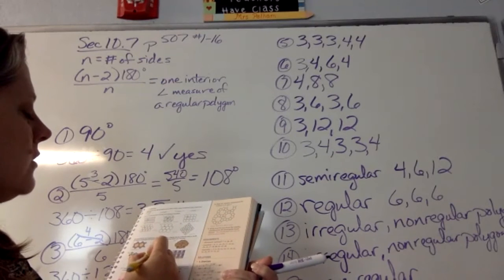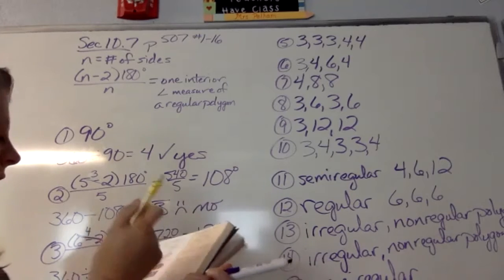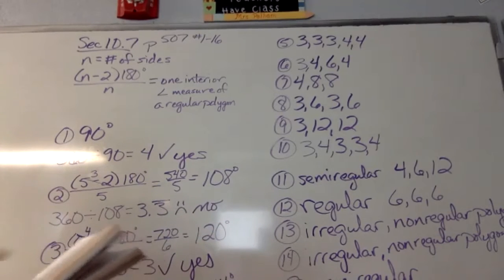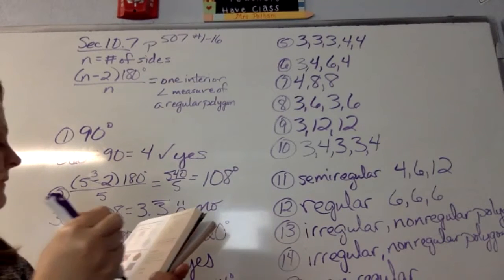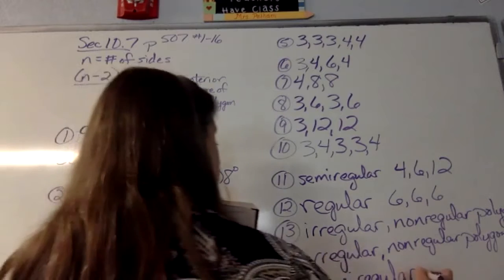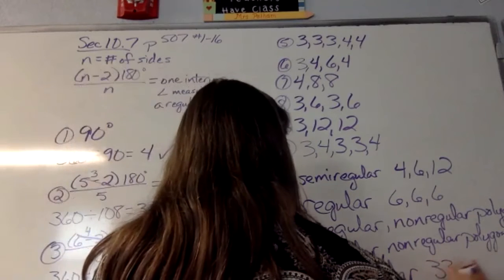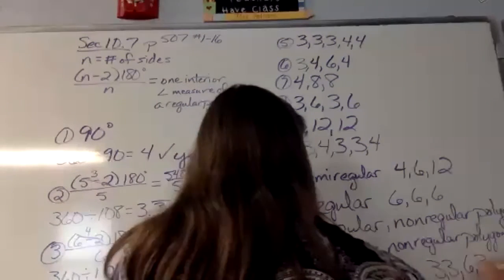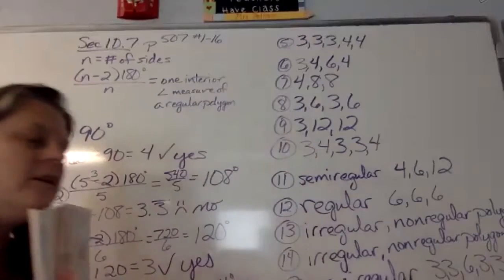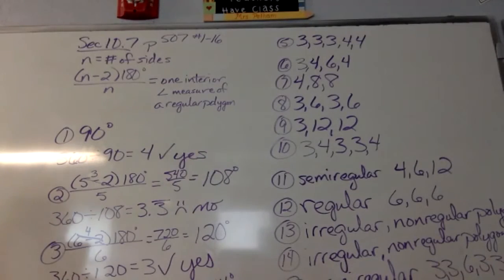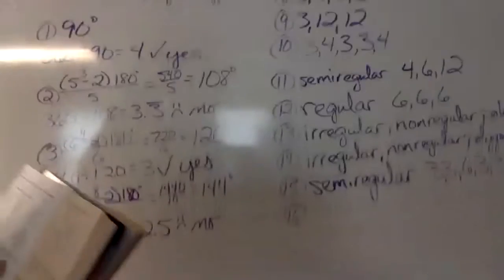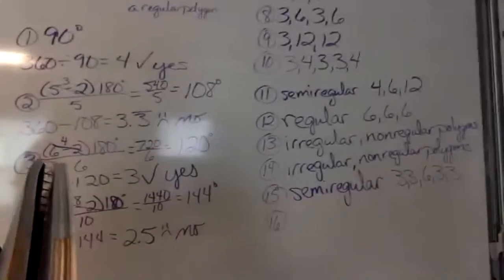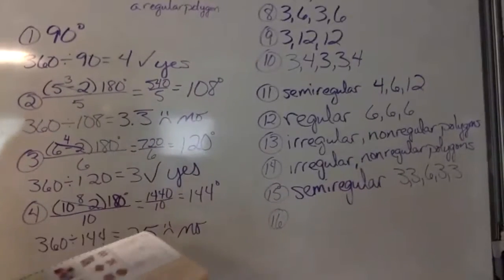So there's triangle, triangle, hexagon, triangle, triangle at each vertex. Triangles have how many sides? 3. So it's 3, 3, 6, 3, 3.